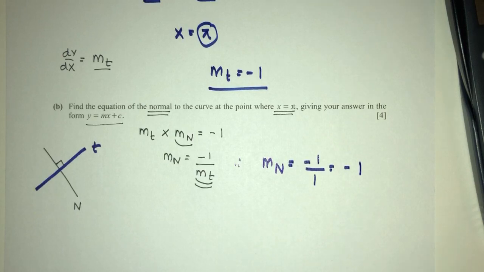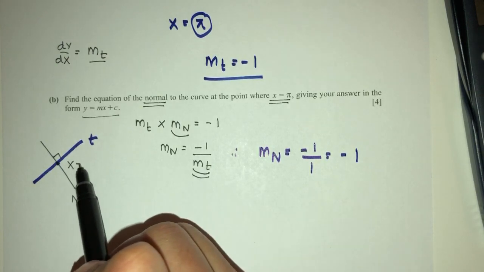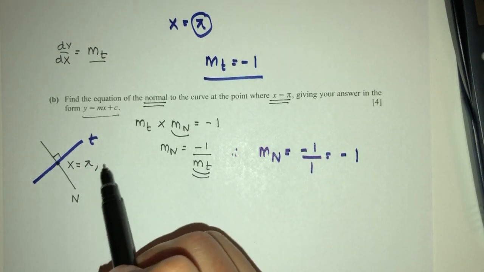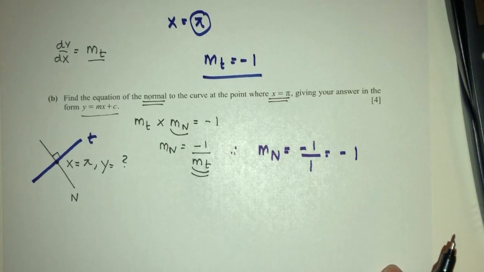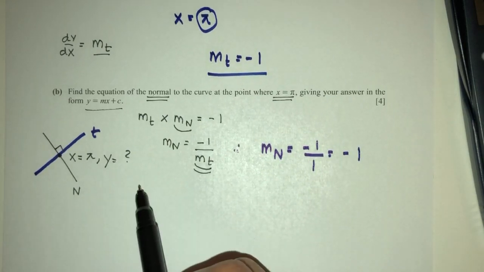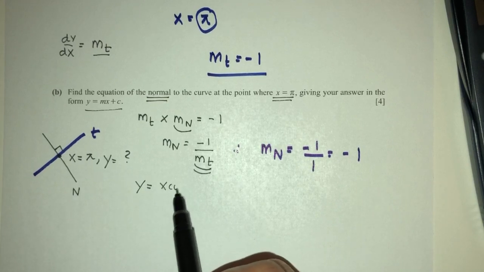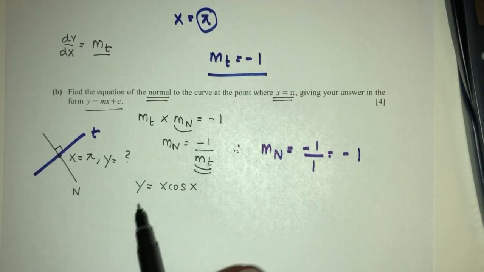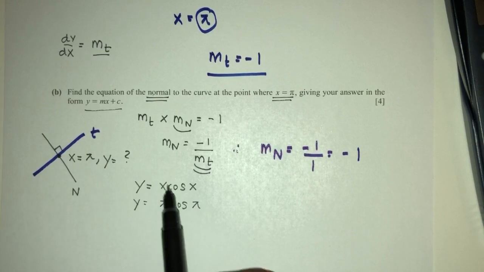Now, we know x is equal to pi, but what is the y point? We don't know, so we have to find the y point as well. Going back to the main question, we know y is equal to x cos x. So what is y? That will be pi cos pi, replacing x by pi.